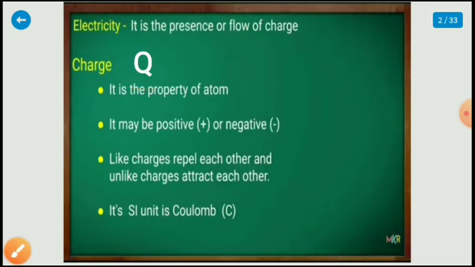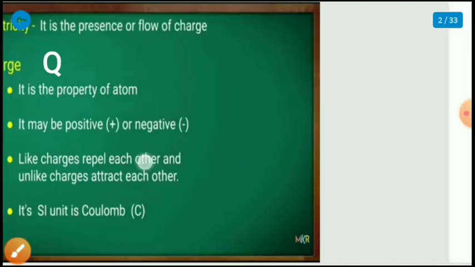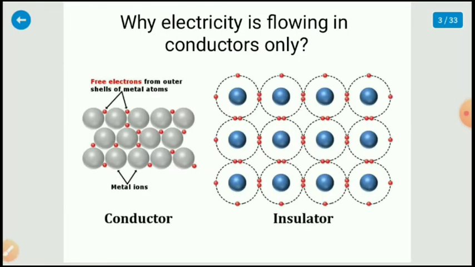Let's see on the next page why electricity flows in conductors only. On the previous page I told about the presence or flow of charge in any material. That material can be called a conductor. Why can charges flow in conductors only?